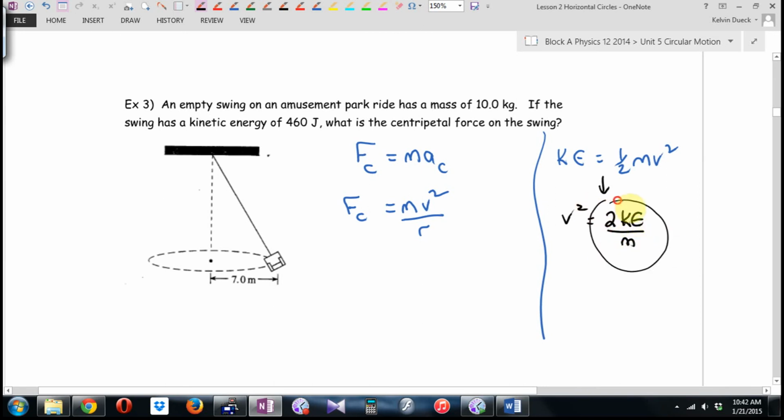And I'm going to try plugging this right into there. I'm going to get m over r, and then a 2 KE over m. There's the v squared. I don't need to square it again because I plugged in a v squared for a v squared.